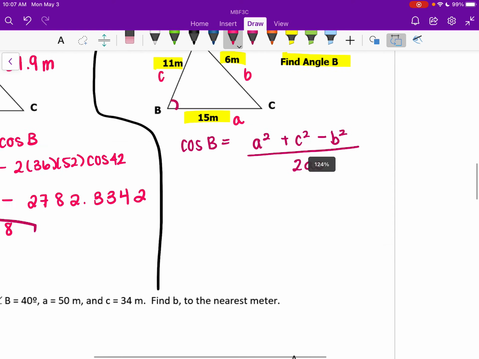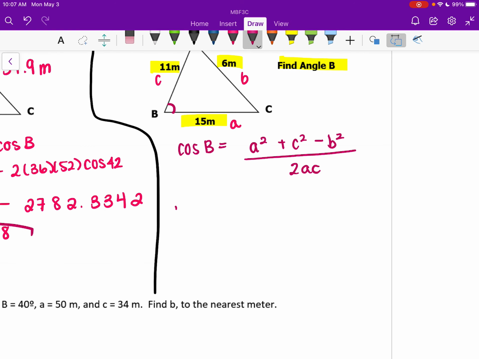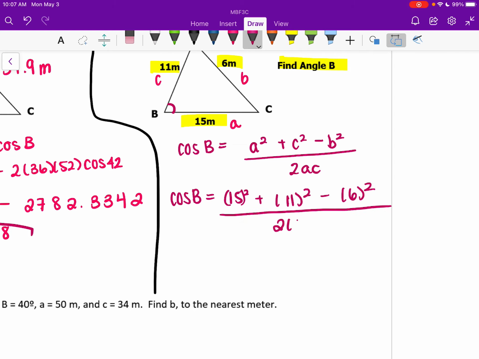And now that I have all my labels done, I can just go in and start filling stuff in. I don't know what cos B is because I don't know what B is yet. So I'll leave that as is. A squared is 15 squared plus 6. Oh, sorry, 6 is B. So plus 11 squared minus 6 squared, all divided by 2 times 15 times 11.